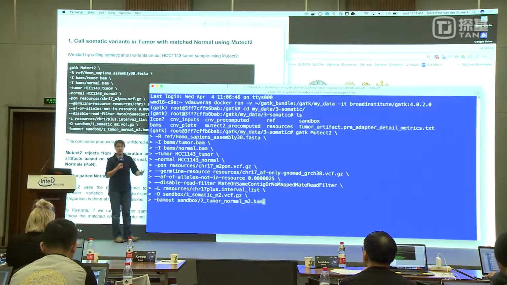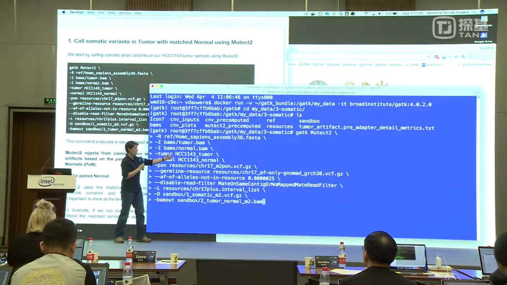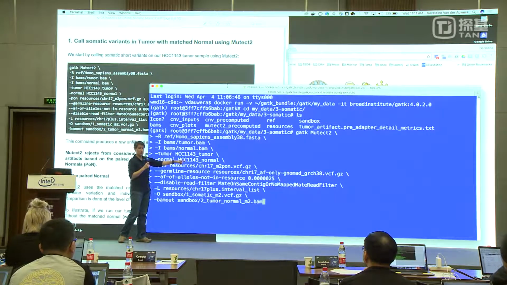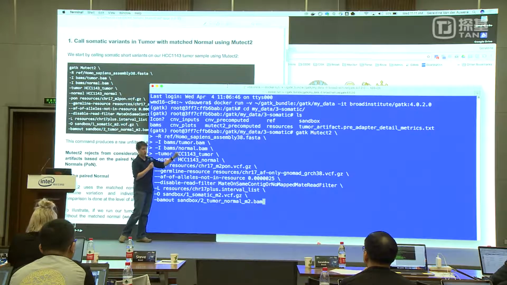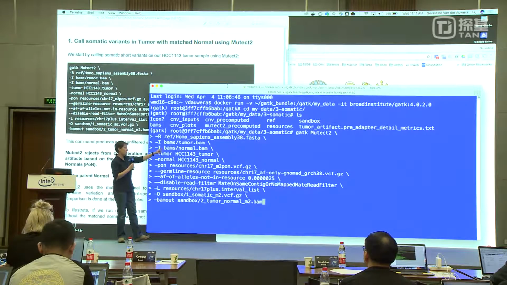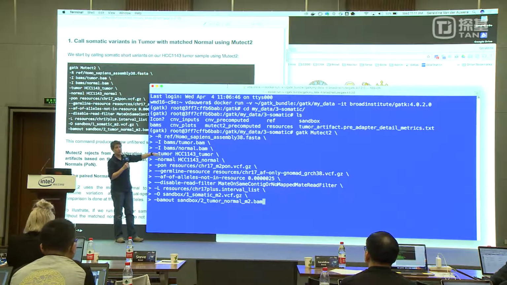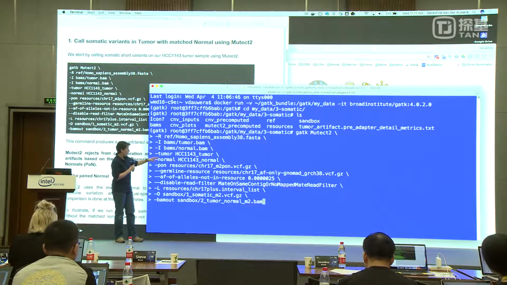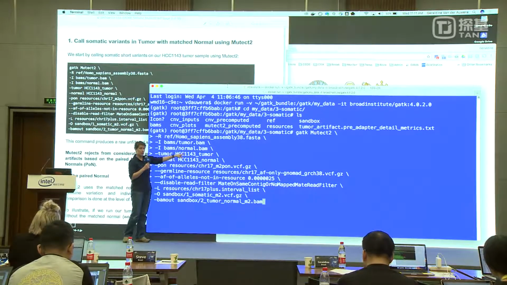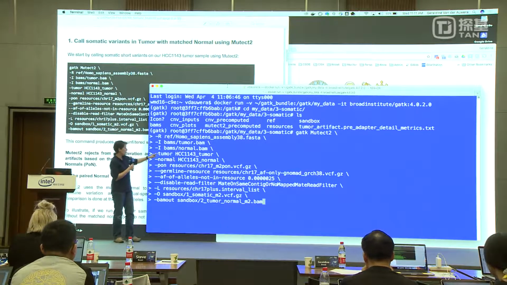But we specify explicitly which sample is the tumor and which sample is the normal by referring specifically to their sample names. This does mean that you can have data spread across multiple BAMs for the same sample. You can also have all of your data in one BAM. Both will work, and you can also have additional samples. That will all work as long as you specify by the sample name, and this is the value that is in the SM tag in the read group information. So you specify the tumor SM, you specify the normal SM.